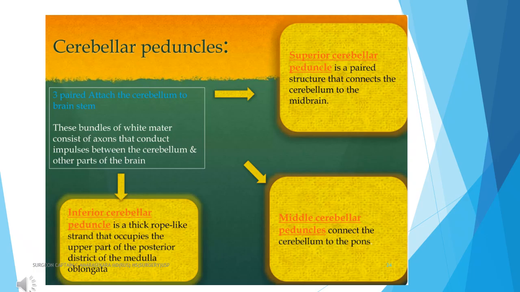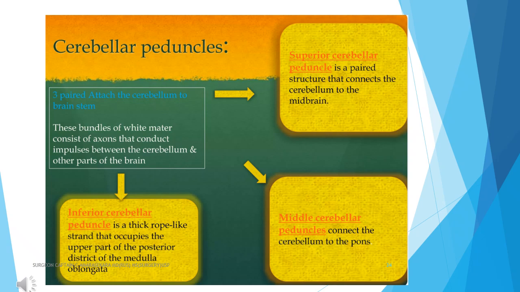The middle cerebellar peduncle connects to the pons, with exclusively afferent fibers. So they are input, transmitting motor planning signals from the cerebral cortex via pontine nuclei. Lesions disrupt smooth execution of voluntary movements.